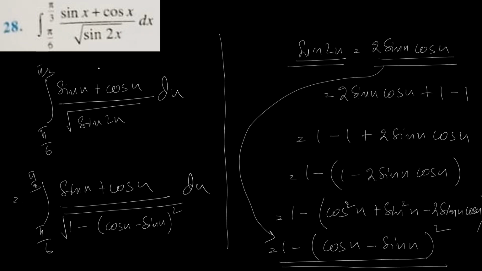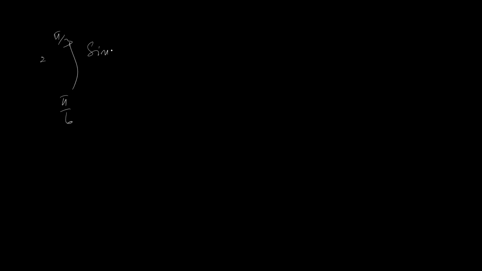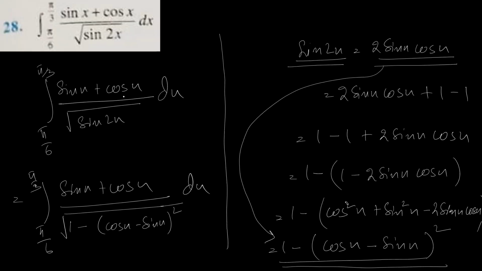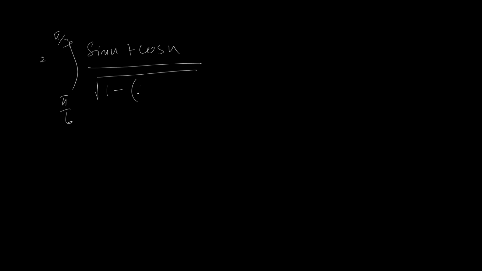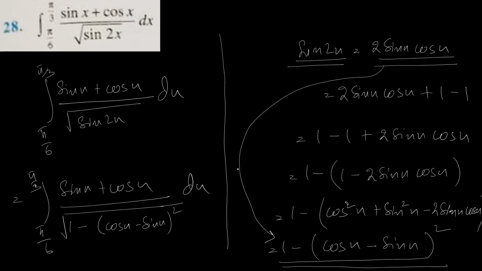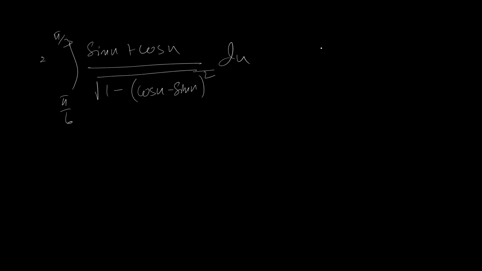Pi by 6 to pi by 3, sin x plus cos x by root over 1 minus cos x minus sin x the whole square, dx. Now I will take let t is equal to cos x minus sin x.